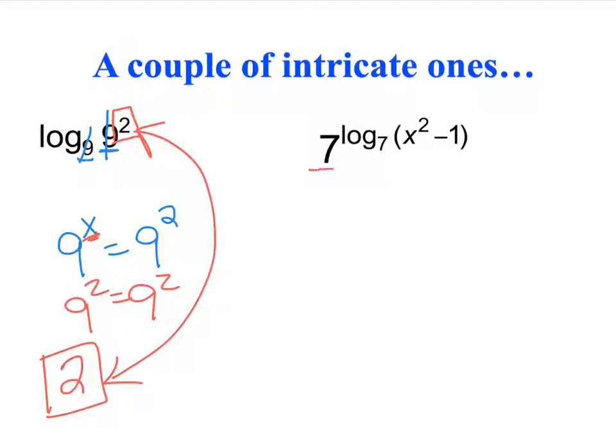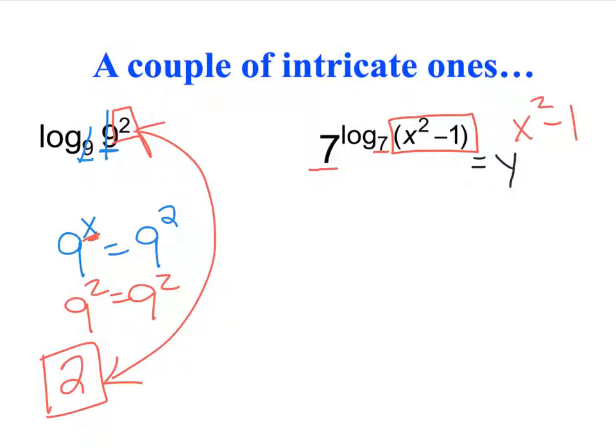This is an exponential with a base 7, and my exponent up here is a log base 7. So my answer to this is going to be x squared minus 1. And now I'll show you how it still works with the arrows. So I'm going to set this equal to, not x, because they're already using x, a different variable.